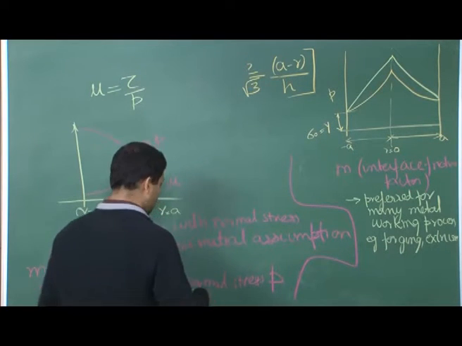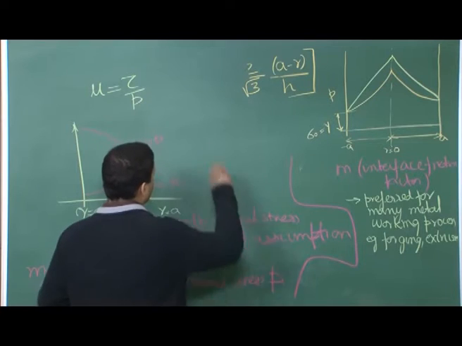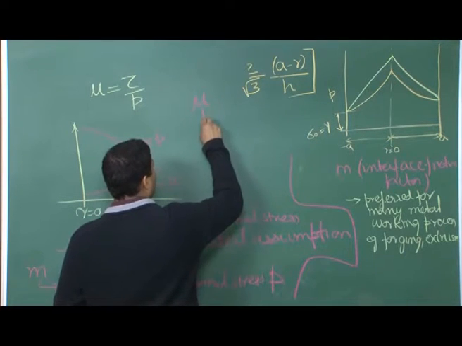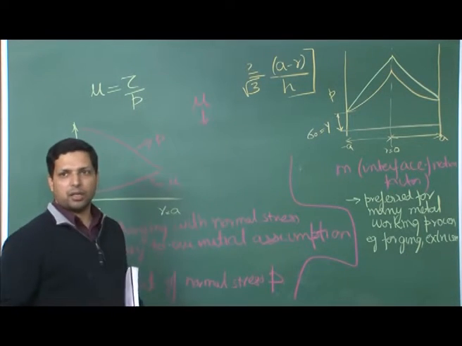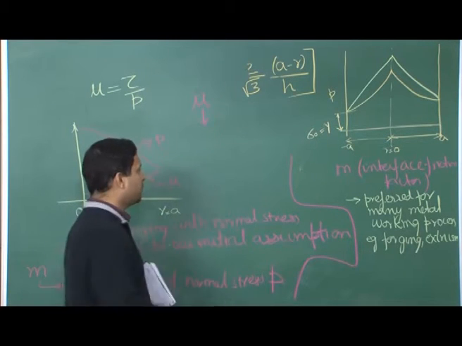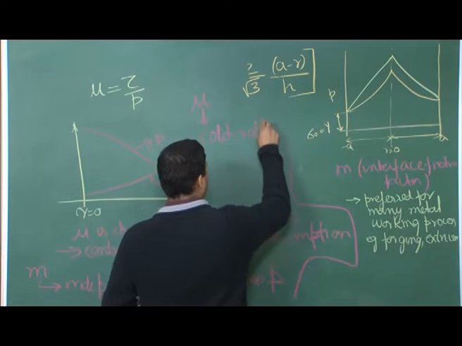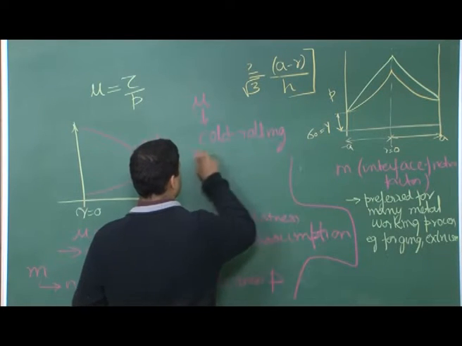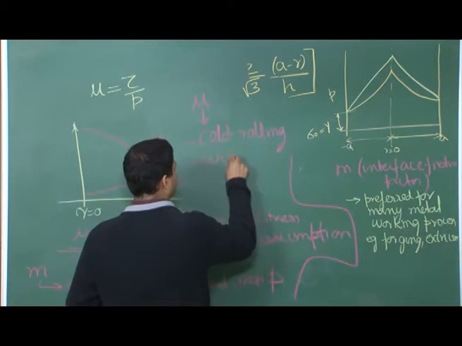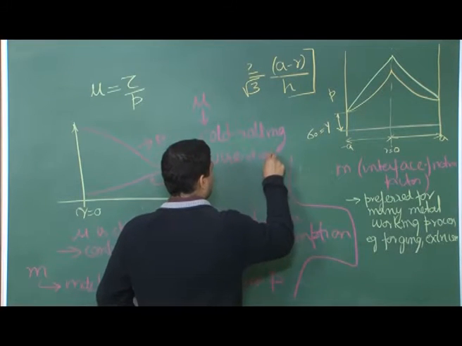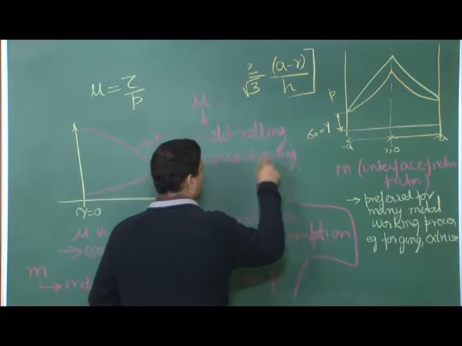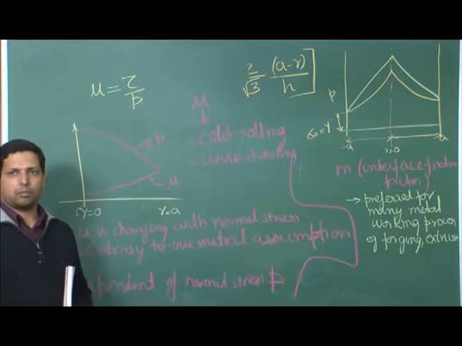On the other hand, mu has been very well established for some other metal working processes, for example cold rolling, wire drawing. So, what is common between these processes?